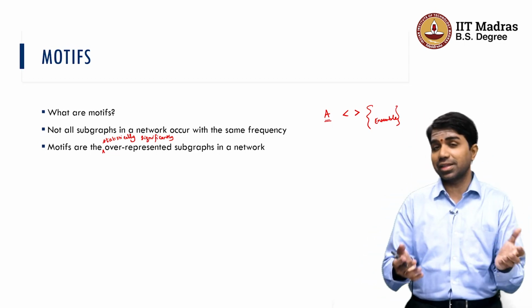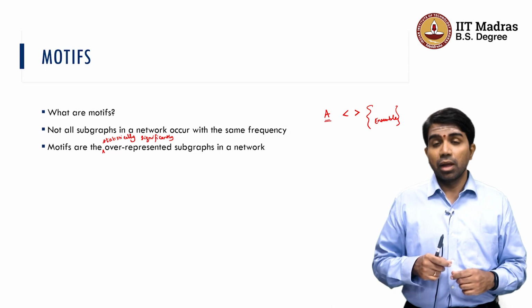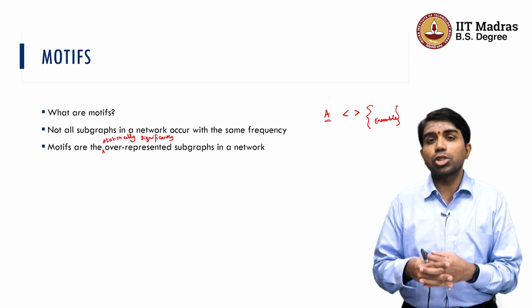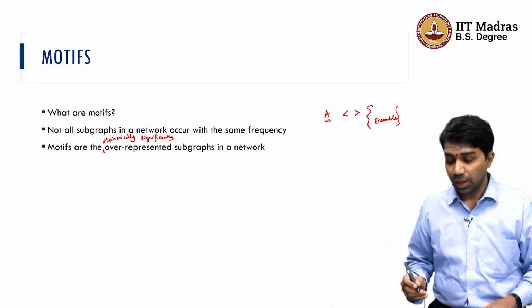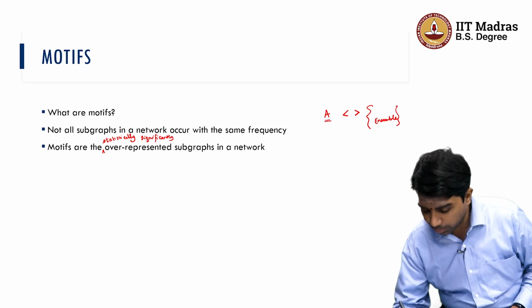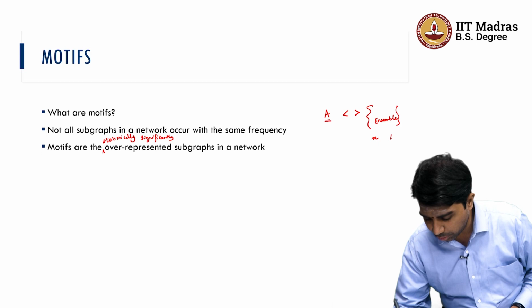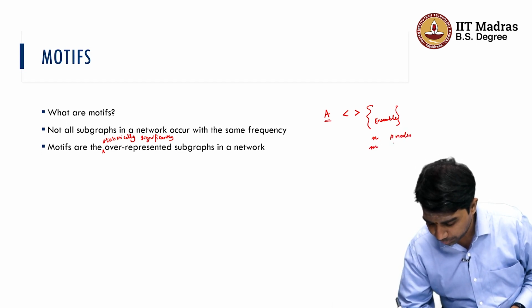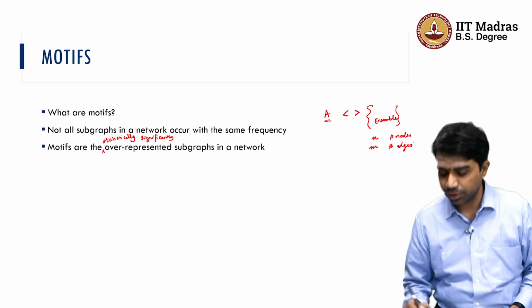We have already done this in the context of looking at small world networks and so on. How do you keep the networks as close to each other as possible? What are the properties that you want to retain? If you remember small world networks, the properties we retained were n, which is the number of nodes, and m, which is the number of edges.